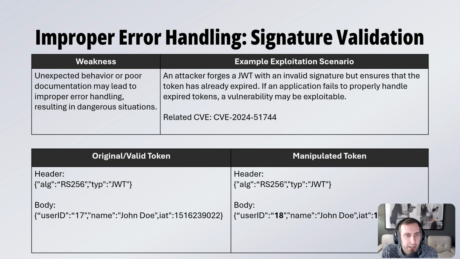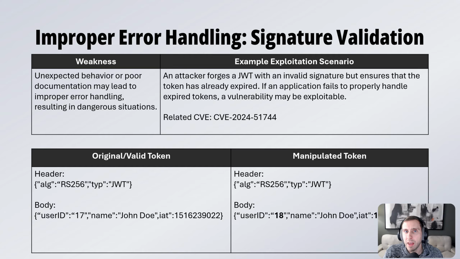Another one is improper error handling. This is kind of a unique case that was reported for the CVE here that's worth mentioning. This was a situation where if you had an expired token that had a valid signature, the application would reject it. If you had a non-expired token that had an invalid signature, the application would reject it. But as soon as you presented a token that both had expired and had an invalid signature, the application would not properly handle this.